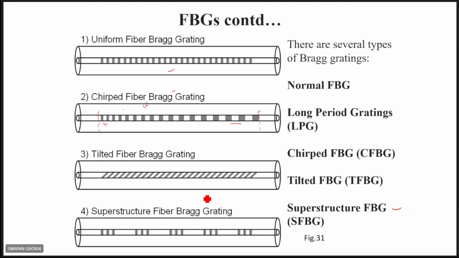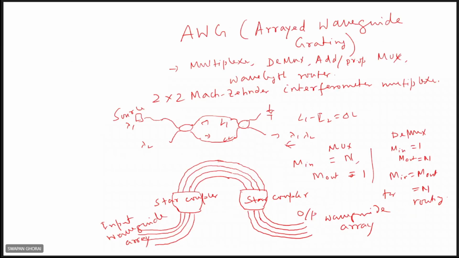With the same grating structure, you can make 3-4 measurements, like measuring pressure, temperature and humidity at the same time. Three parameters can be determined using this superstructure fiber Bragg grating, so there is no need for different sensors. The same structure can measure more than one parameter, multi-parameter sensing. So this is the superstructure grating.